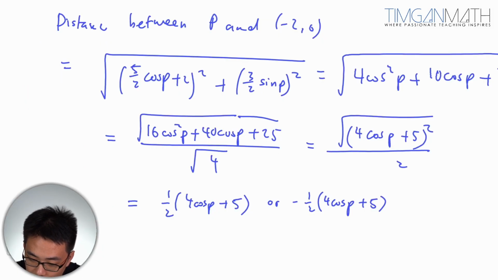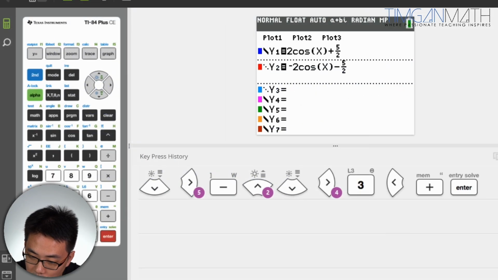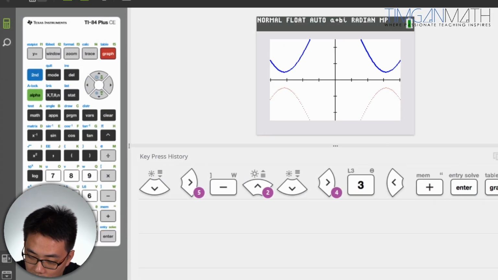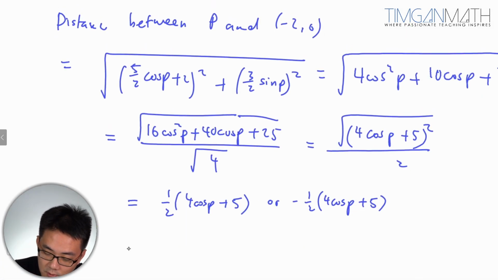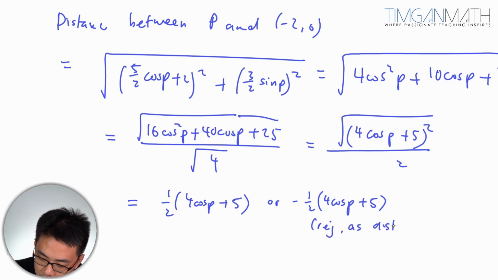So this is 2. Yeah, correct. So I'm just going to graph it. I'll get the positive one, which is the blue color one. The blue color will give me 2 cosine p plus 5 over 2. So reject the other, as distance is more than or equal to 0.